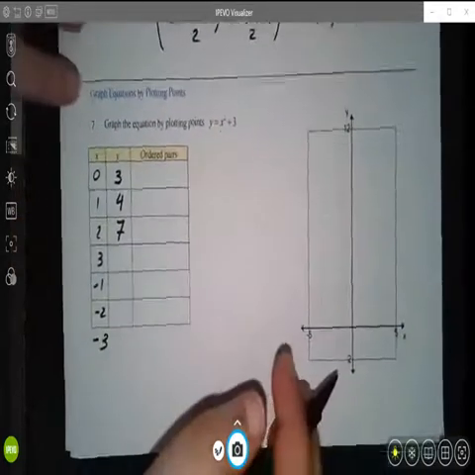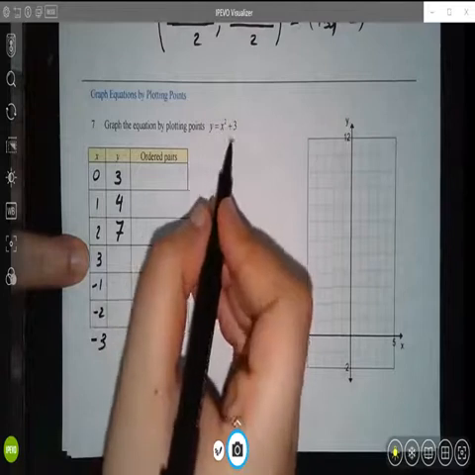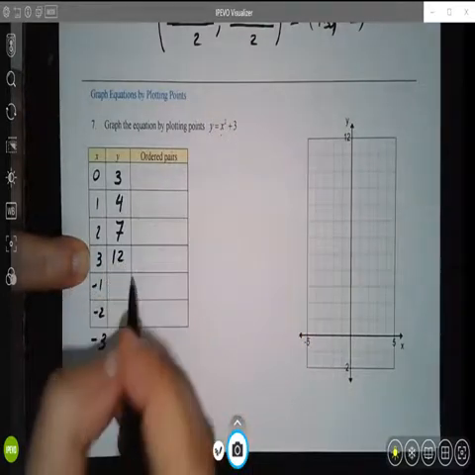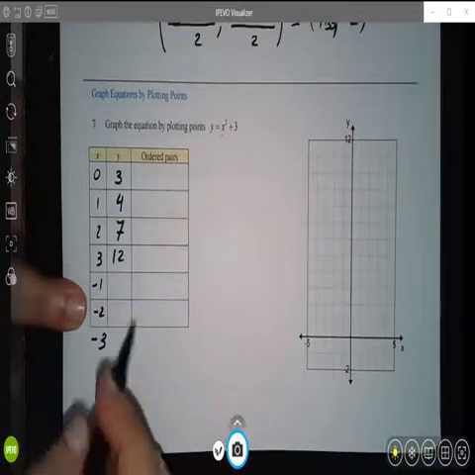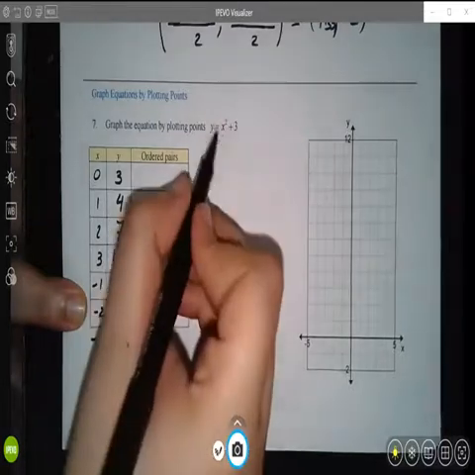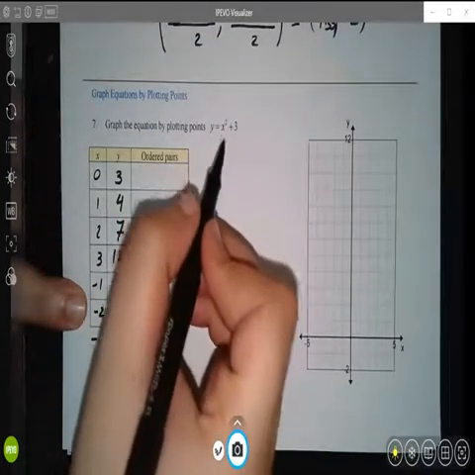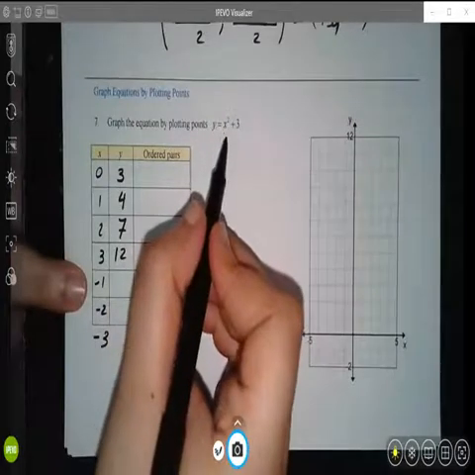Now, oops. 3 squared is 9. Plus 3 gives you 12. All right. Now, what's going to happen to the value if x is negative? Since I'm squaring it, nothing. It's going to give you the exact same result. So -1 squared is +1.